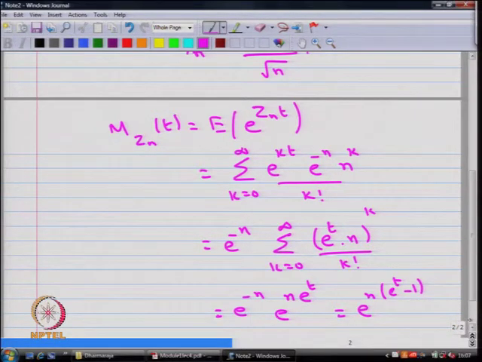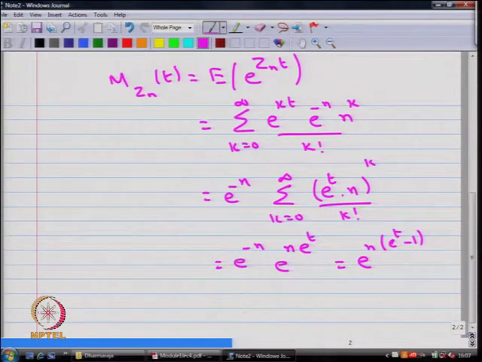Now, we will find out the MGF of the random variable Yn, where Yn is Zn minus n divided by square root of n.